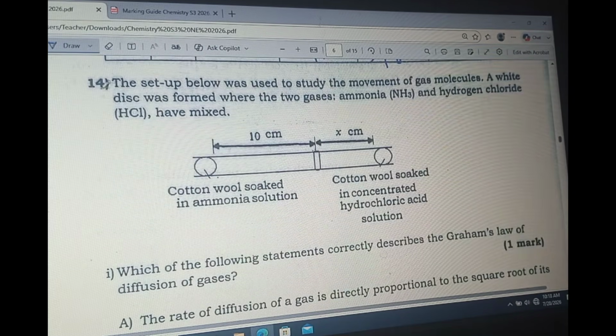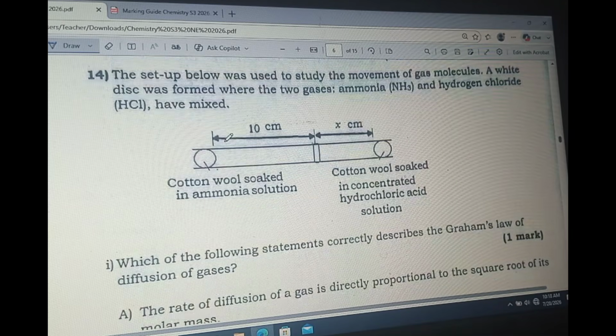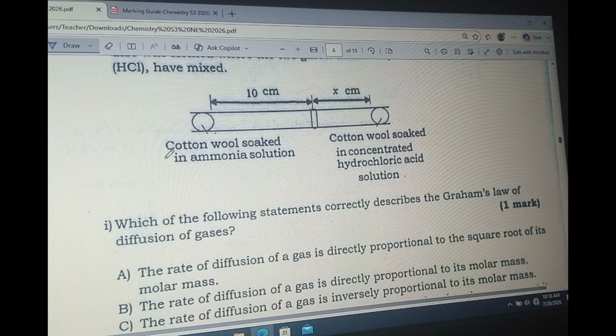Okay. Let's continue to Question 14. The setup below was used to study the movement of gas molecules. A white disk was formed where the two gases, ammonia and hydrogen chloride, mixed. We have cotton wool soaked in ammonia solution and cotton wool soaked in concentrated hydrochloric acid solution.